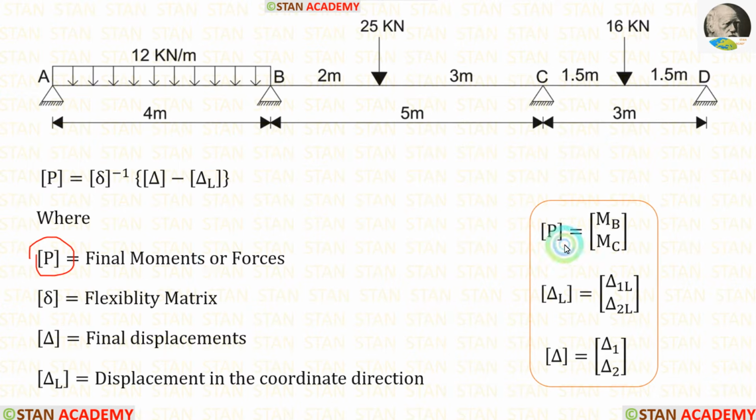Inside the P matrix, we will have MB and MC because these are the moments we have removed. In the P matrix, delta L matrix and delta matrix, we will have two values because in this analysis we are having two coordinates.